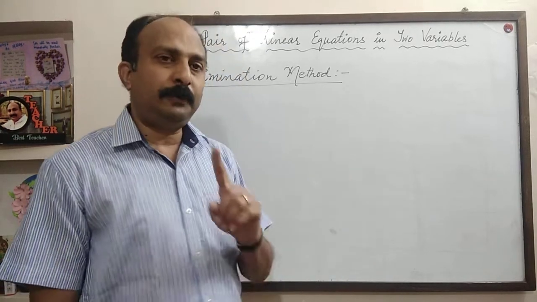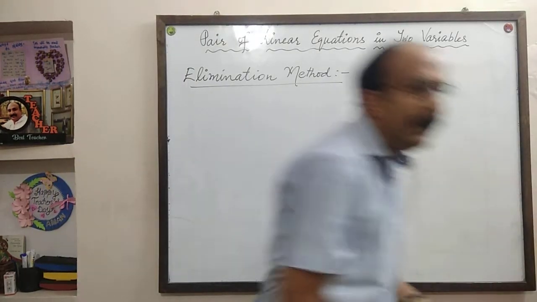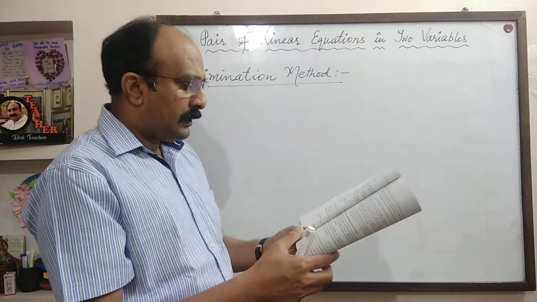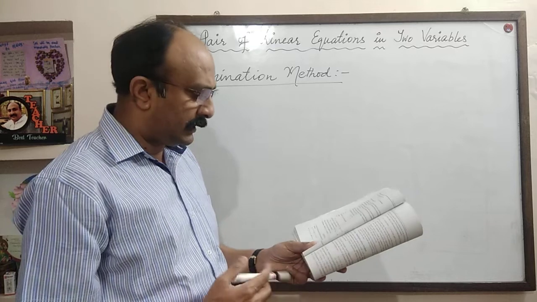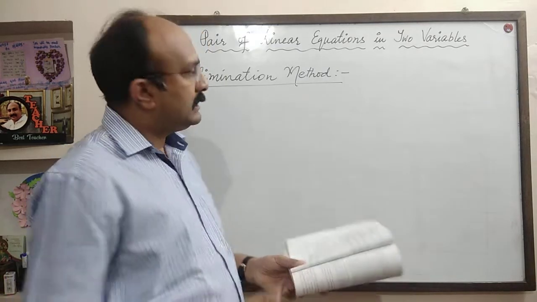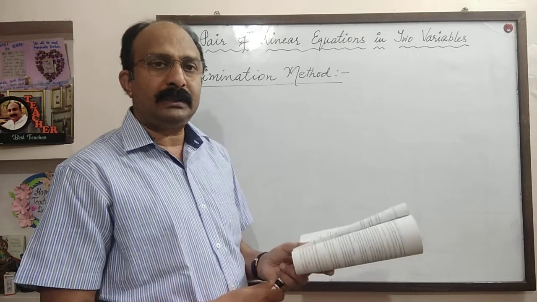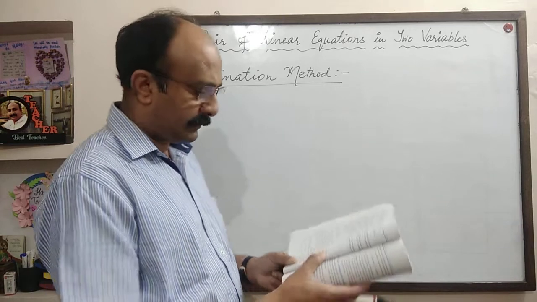Here I am going to explain with an example. Exercise 3.4, first question. Solve the following pair of linear equations by the elimination method and also by the substitution method. Substitution method is already known to you, so I am not going to do it. You may do it by substitution method as homework.